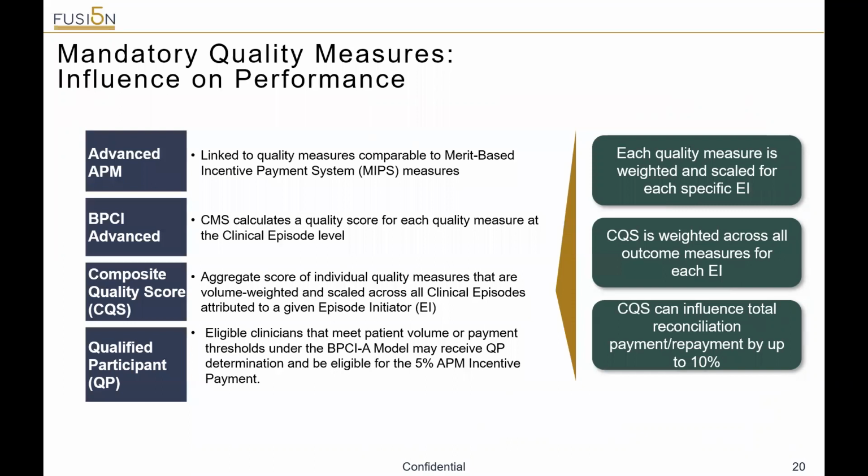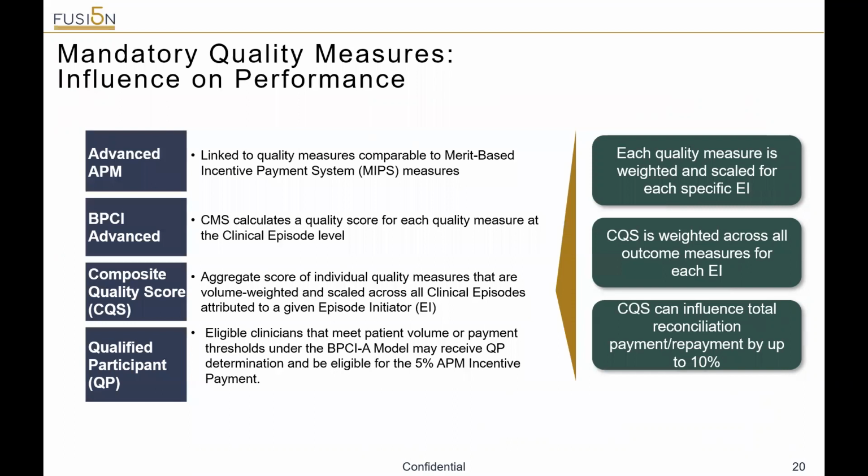They will create a composite score, or a CQS, which will be measured across outcomes for each EI. And the CQS can influence your total reconciliation, and it can do so by up to 10% of the amount in reconciliation. Reconciliation is the point in time in which if you have savings, they'll be distributed, and if you have amounts owed, that will be a repayment. And by up to 10%, I mean based on the composite score that you get.